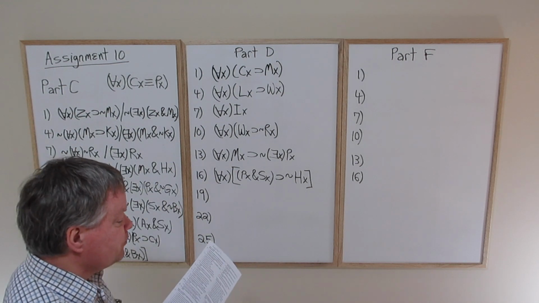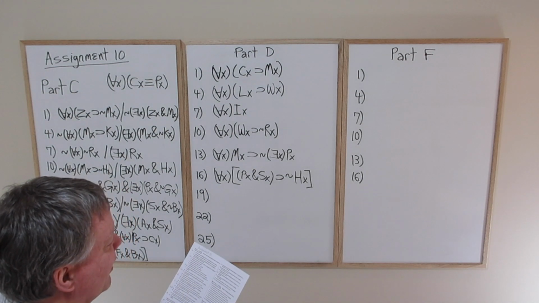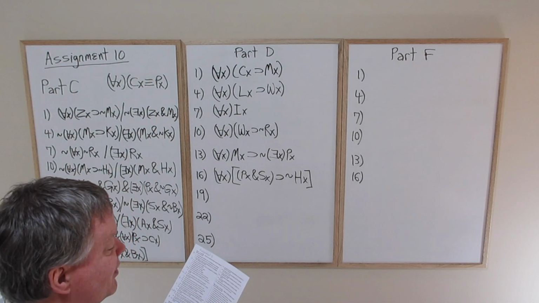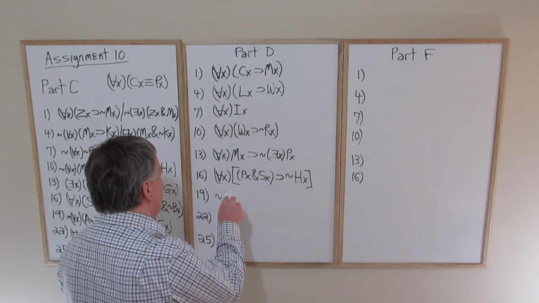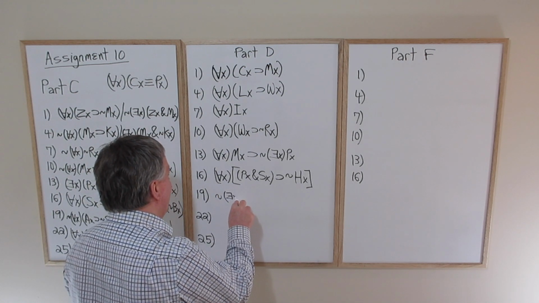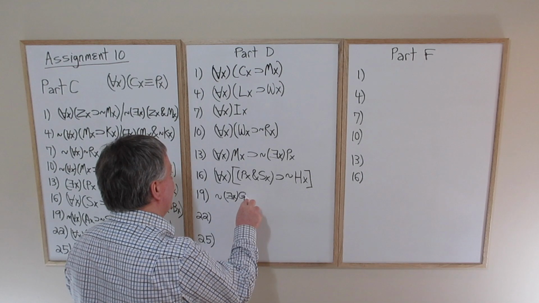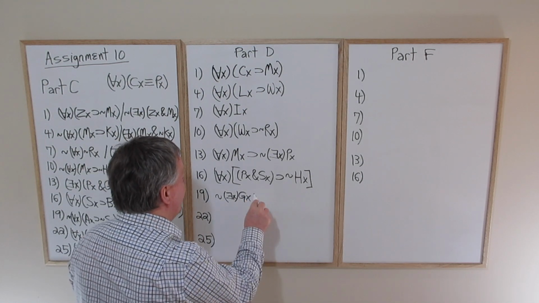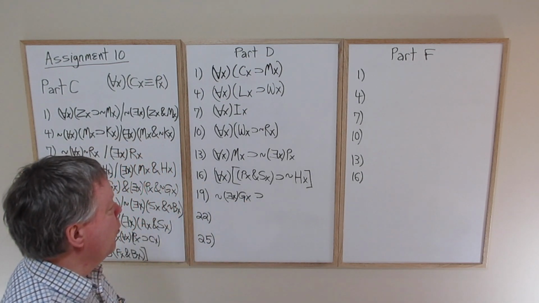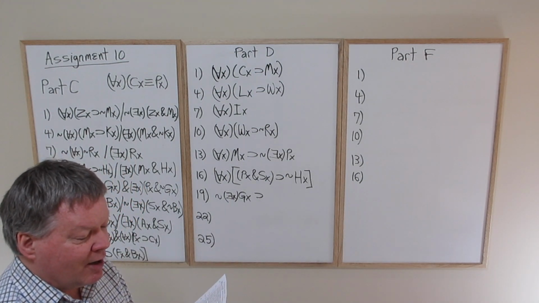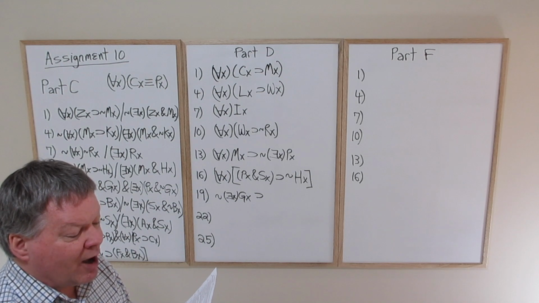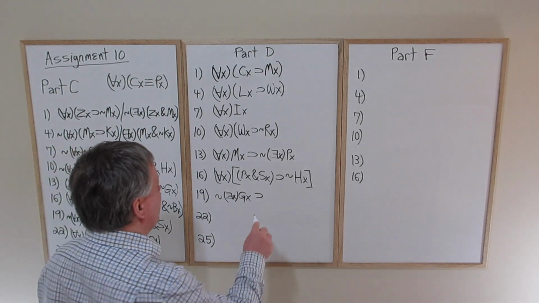So, if, and then we have the antecedent, ghosts do not exist. It's not the case that there exists an X such that X is a ghost. If that's so, and notice no additional brackets are necessary, then no houses are haunted.